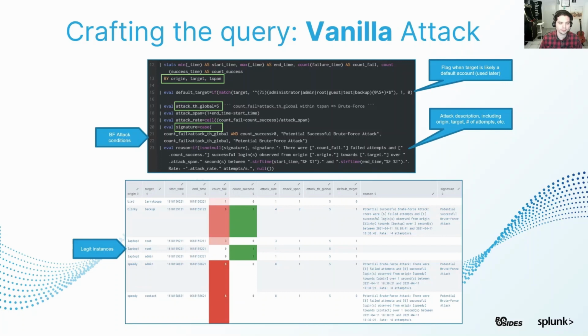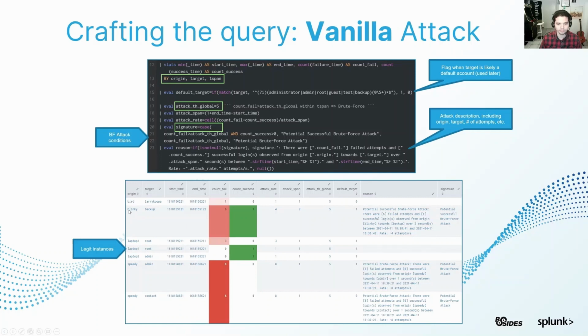And here's the output, just like before, of the detection up to this point, focusing only on the vanilla type of attacks. You can see here in the output, there are some legitimate instances or the noise that I'm creating. Those are not detected as attacks. You can see that the reason in the signature column or signature fields are empty.